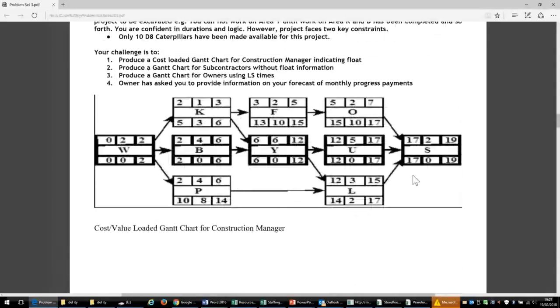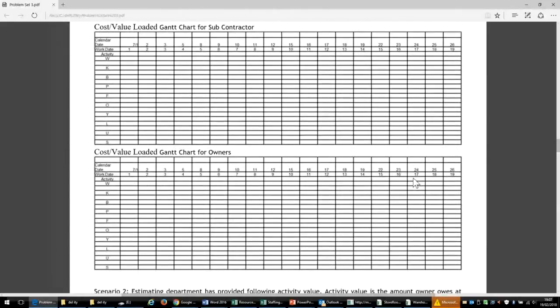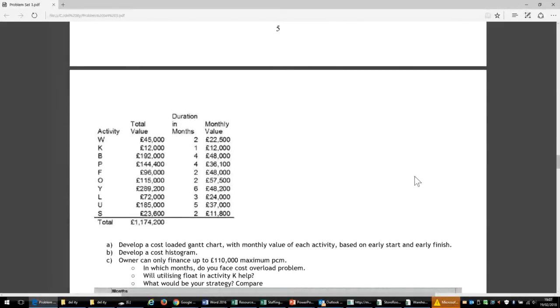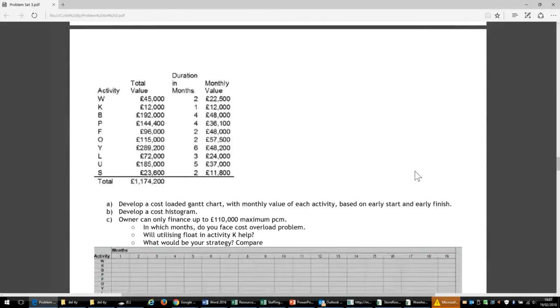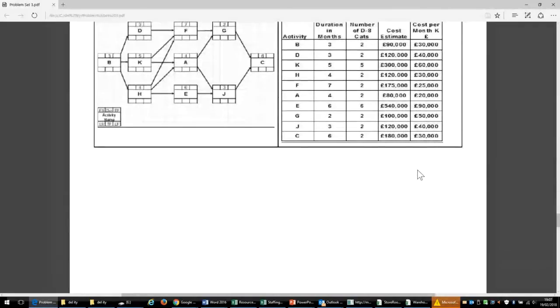Question five and question six focused on use of bar charts as a tool to improve resource management, and then addressing different resource constraints, for instance the cost constraints under different situations.